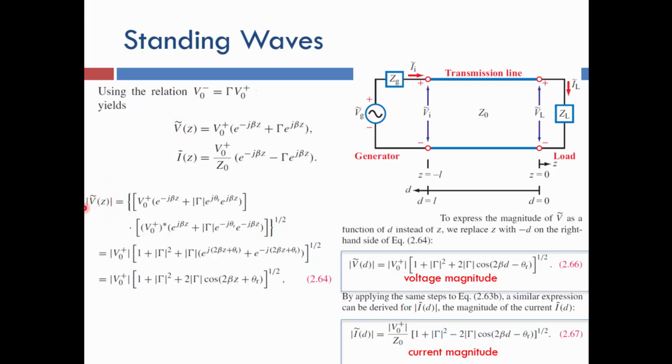So the absolute voltage is equal to the superimposition of the traveled and the reflected, multiplied by its conjugate, and we know that if we multiply any vector by its conjugate we get the magnitude of this vector.